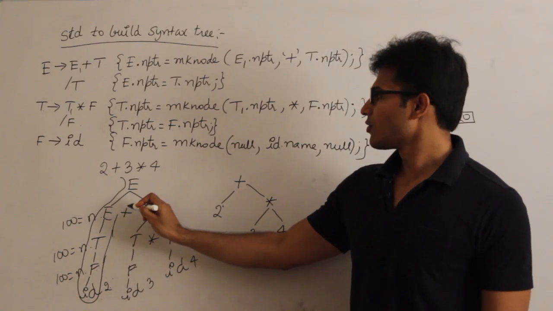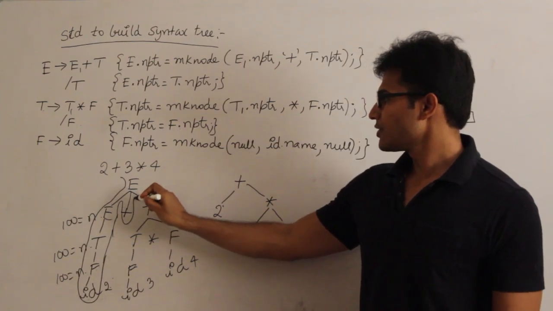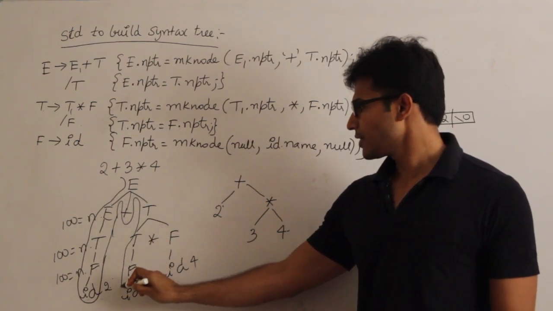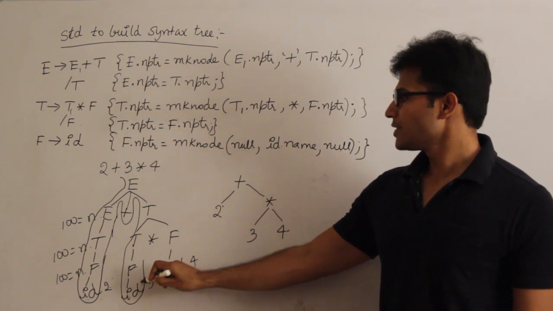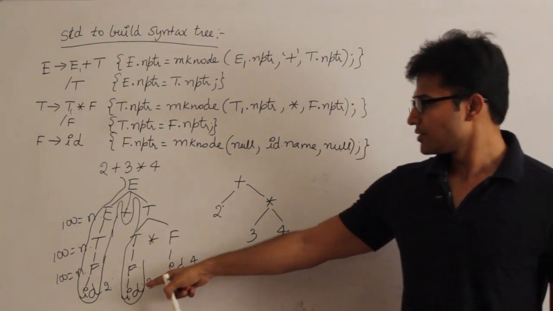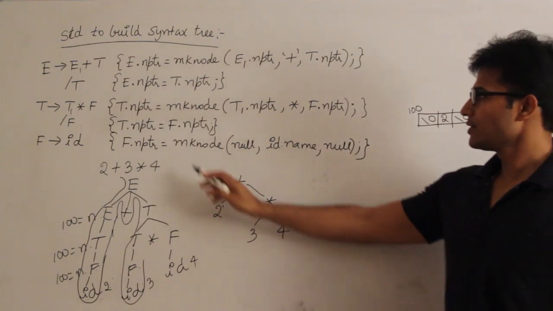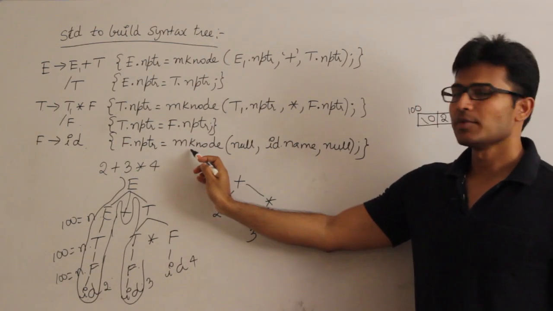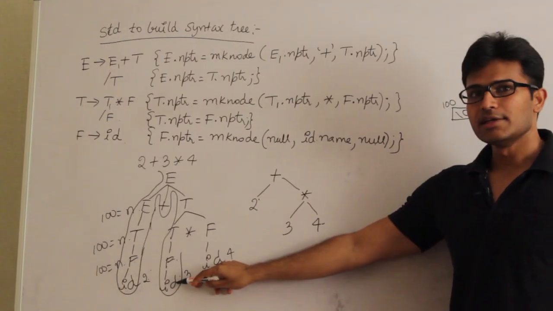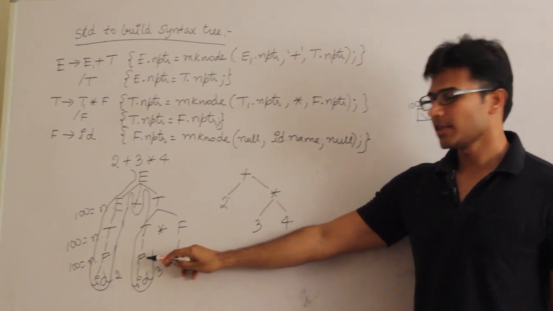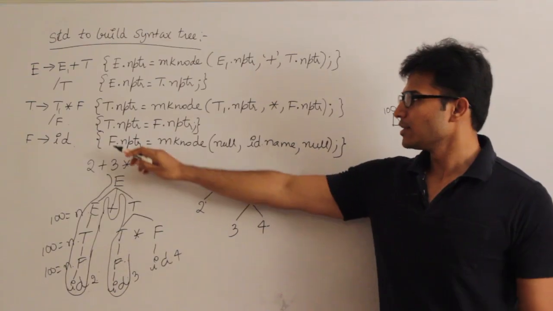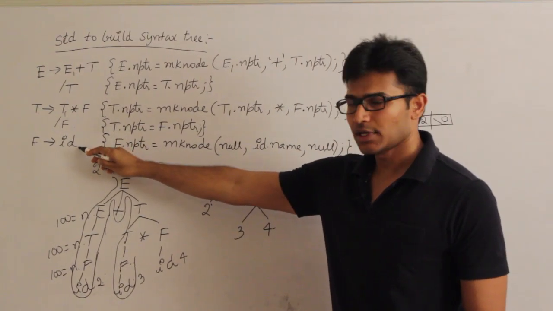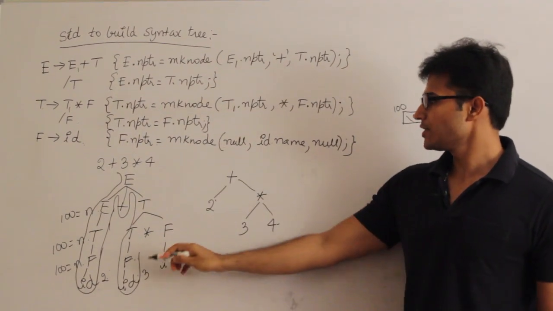And now this is not a reduction, and the next reduction is here. ID is again reduced to f. When ID is reduced to f, this production will be used and this action has to be carried out. What is the action?